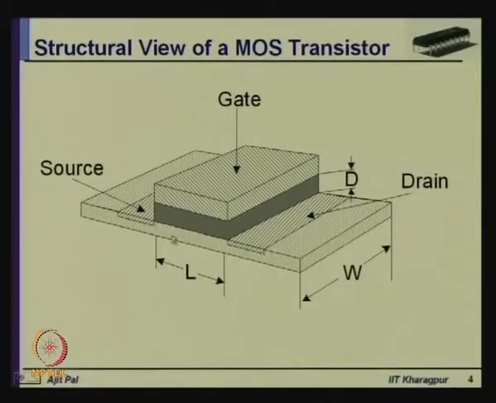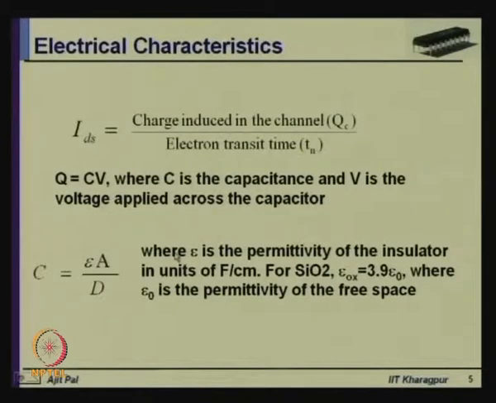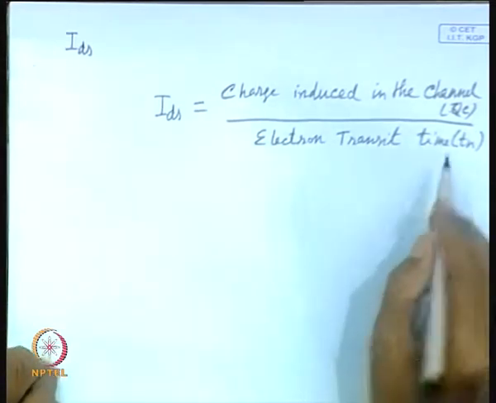Here, as you can see, not only is the creation of charge or formation of the inversion layer important, it is necessary that the electrons move from source to drain. As you apply a voltage, electrons will move from the source end to the drain end, and that will lead to a constant flow of current, and as a consequence this electron transit time is important.